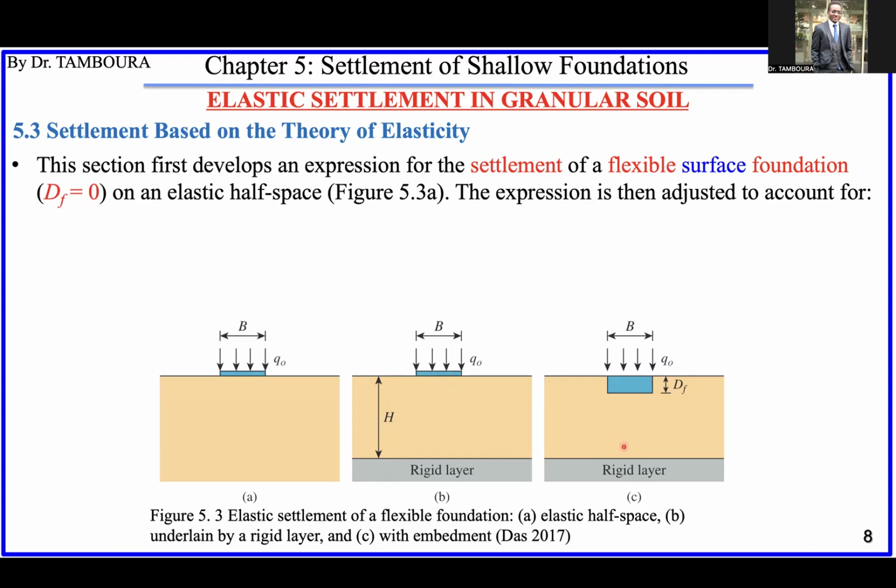And in this case, which is the most common case people may have, the footing is embedded. You can see, and we have a layer H at the bottom of the footing. Beneath the footing, we have a rigid layer like rock.